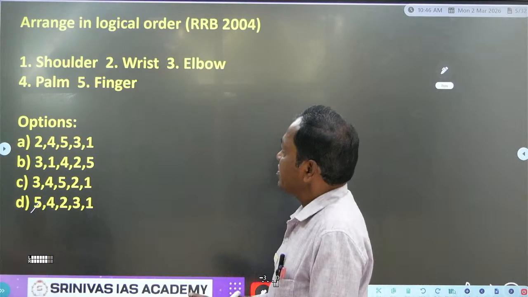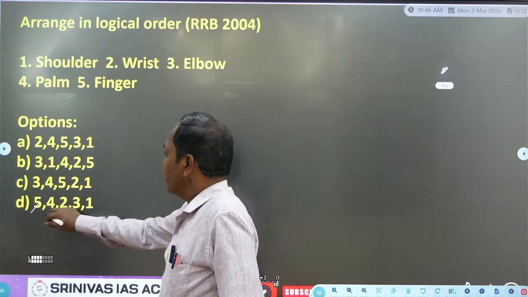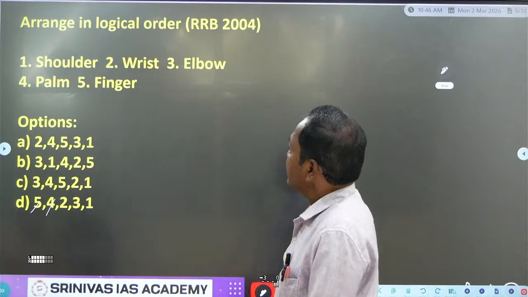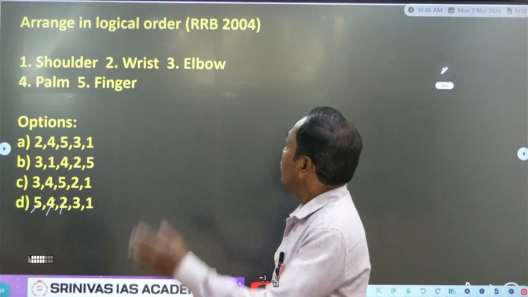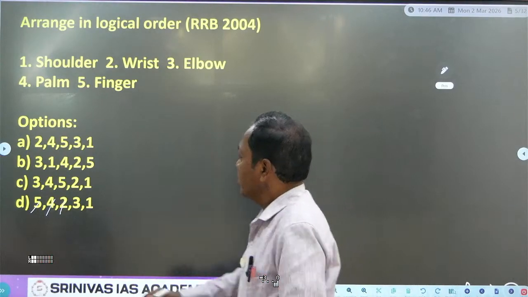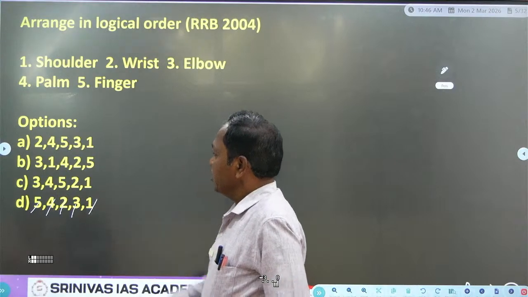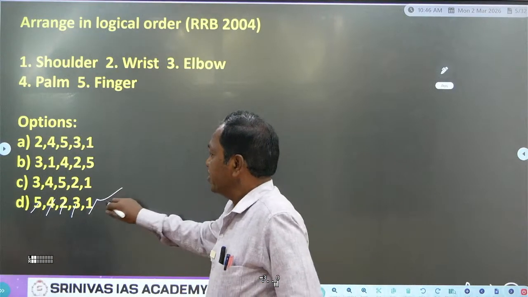Palm is 4. Then wrist, then elbow, and then shoulder. So the option is D.